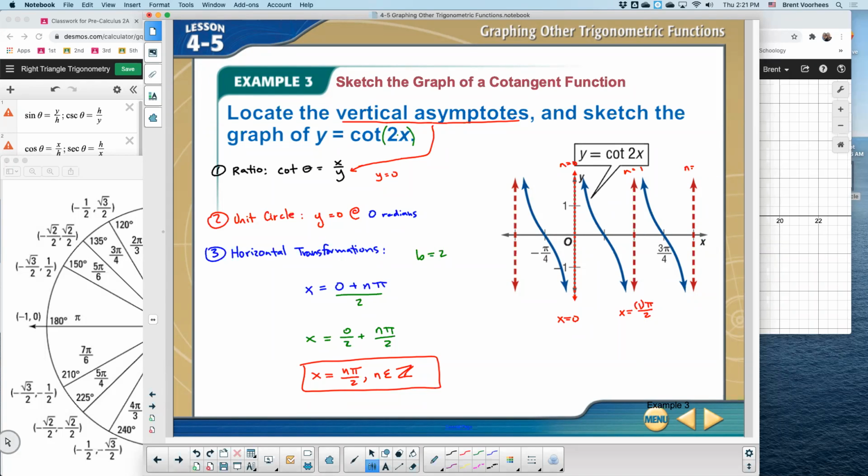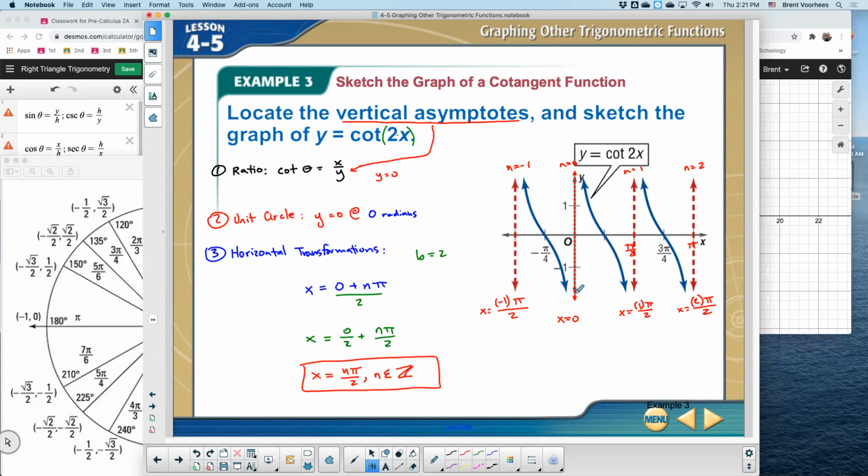And then when n equals 2, you would have one at 2 pi divided by 2, which is simply 1 pi. So that right there is 1 pi, that's pi over 2. And if I wanted to list this one out, this would be when n equals -1, so x equals -1 times pi over 2.